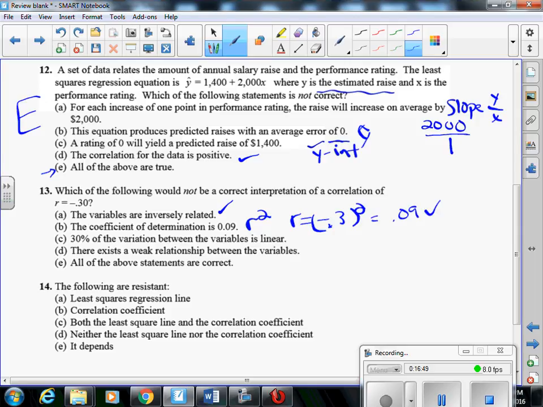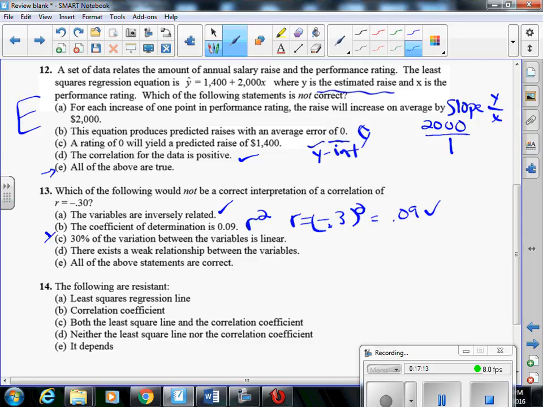C, 30% of the variation between the variables is linear. We're not talking about the variation, really, we're talking about the fraction of variation between the two variables. And it's not between the variables, it's saying that the line of best fit can explain that difference.